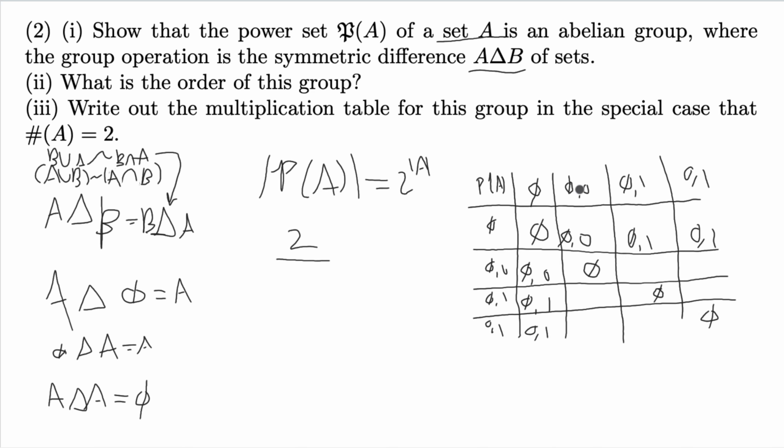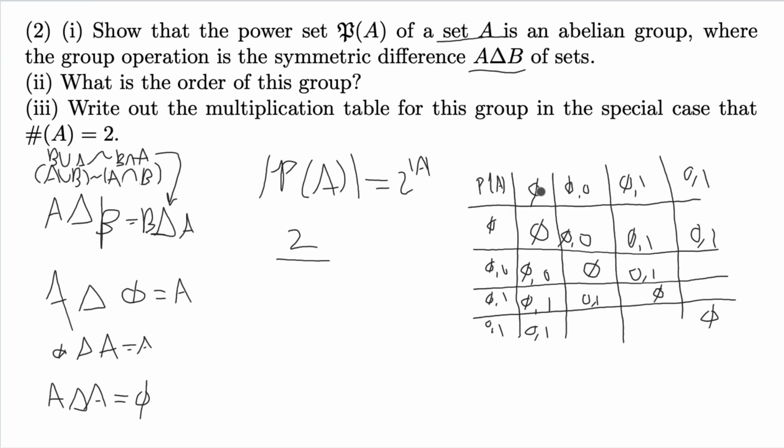Perfect, and now let's try this next column, which is going to be {1} symmetric difference with {0}, which is just going to be {0, 1}, because the only intersection between them is the empty set, and the unique elements are 0 and 1. And then because it's abelian, we also get this off-diagonal symmetric element as well.